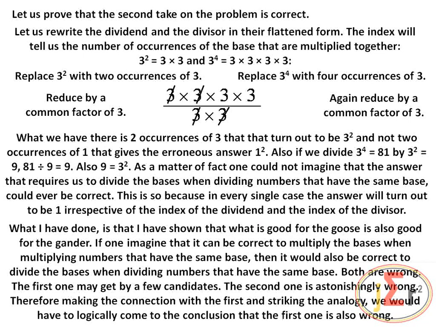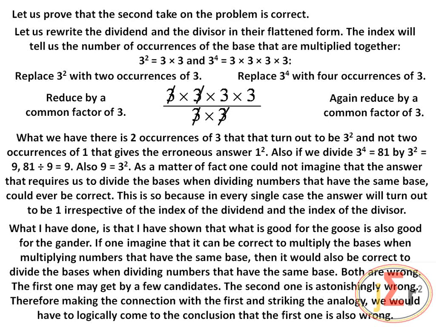Therefore, making the connection with the first and striking the analogy, we would have to logically come to the conclusion that the first one is also wrong. So, both of them are wrong, and of course one would definitely follow from the other.